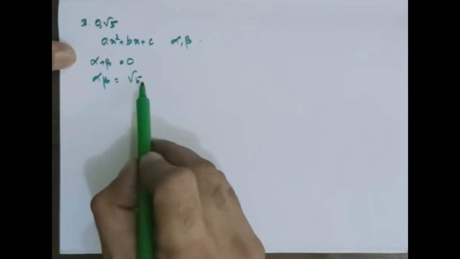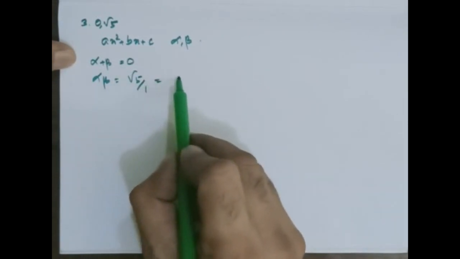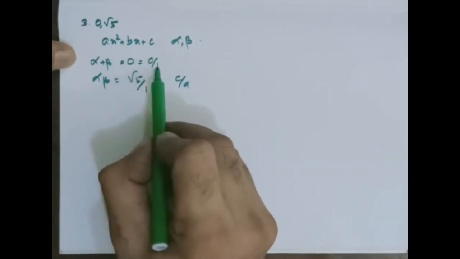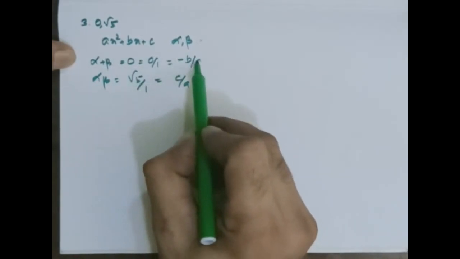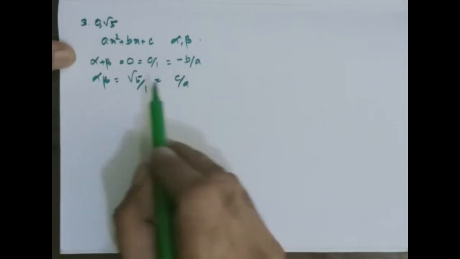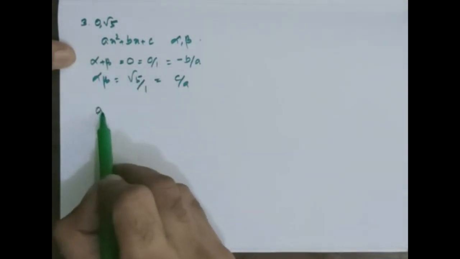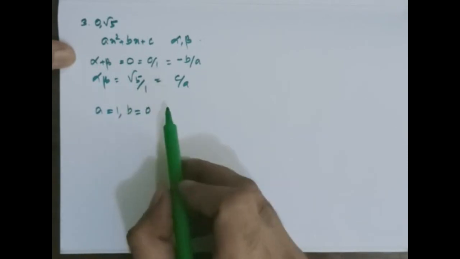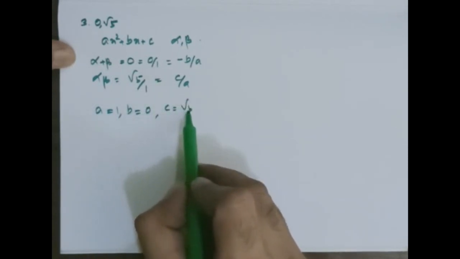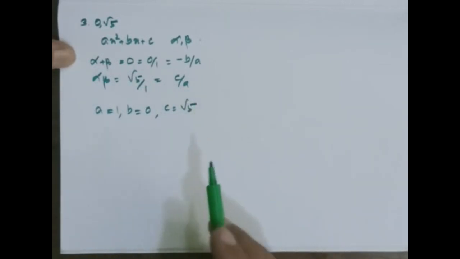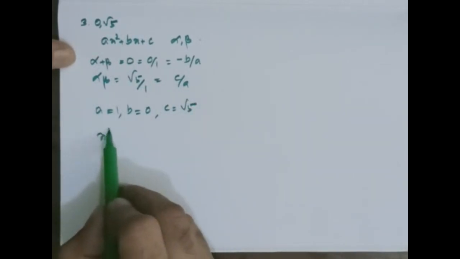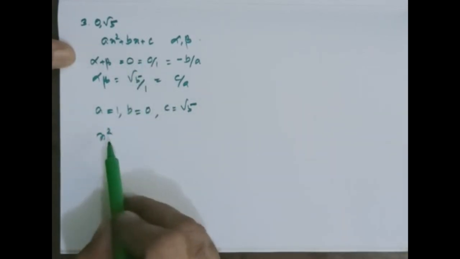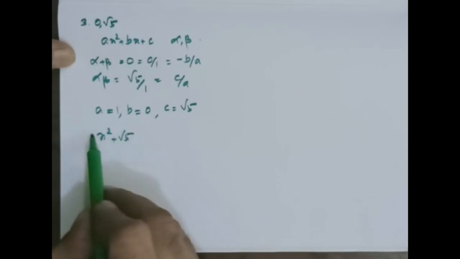So root 5 can be written as root 5 by 1, which is equal to c by a. So a we got 1, so it can be written as 0 by 1, which is equal to minus b by a. So according to this, a equal to 1, b equal to 0 and c equal to root 5. Therefore, the quadratic polynomial is x square plus 0x, no need to write, and plus root 5.